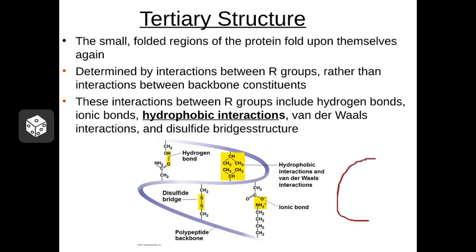So when you have a protein that's forming and taking on a three-dimensional shape, and it exists in water, it's going to fold so that its nonpolar regions are towards the center. In other words, this thing will twist so that its nonpolar R groups are pointed towards the middle, away from the water. We call this a hydrophobic interaction. You can see one right here between these methyl groups at the end of these R groups.